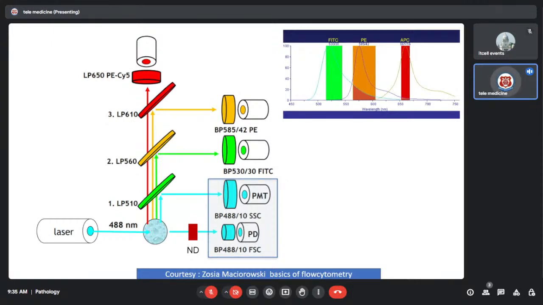Similarly, whatever passes through 560 will be your PE channel, and then the final light passing through will come in your APC channel. So depending on the kind of filters you are placing, the wavelength of the light which is allowed to pass through and caught by the photodetectors will decide where you are going to get your signals.